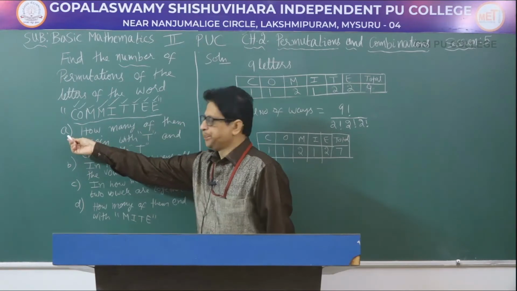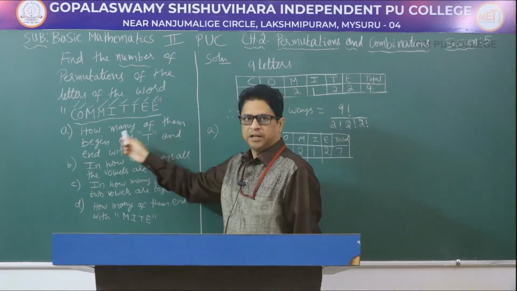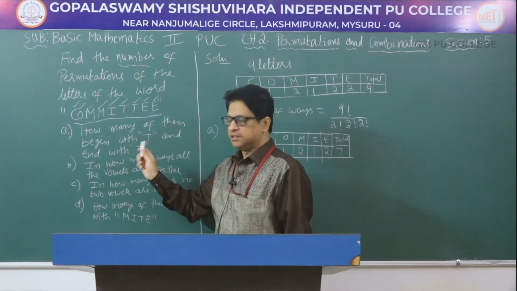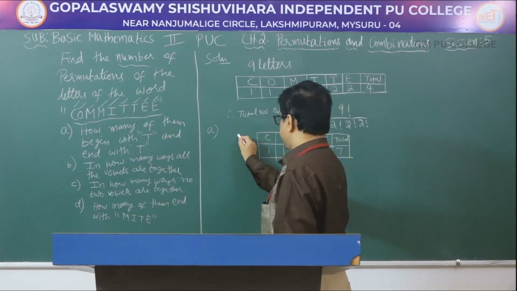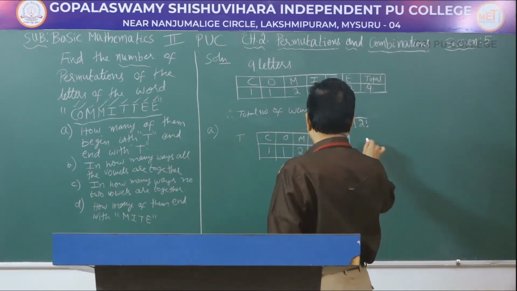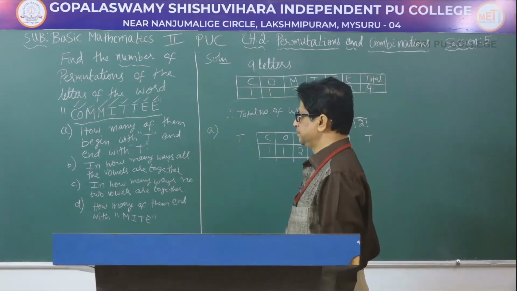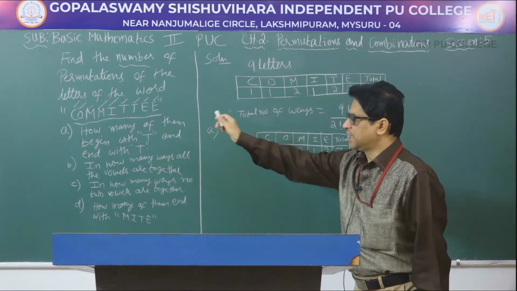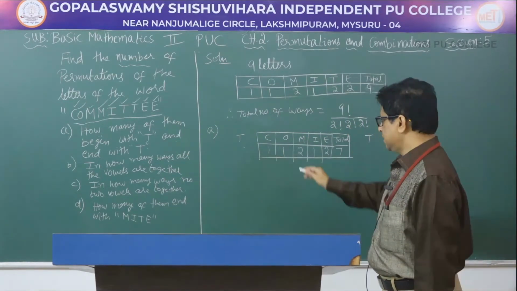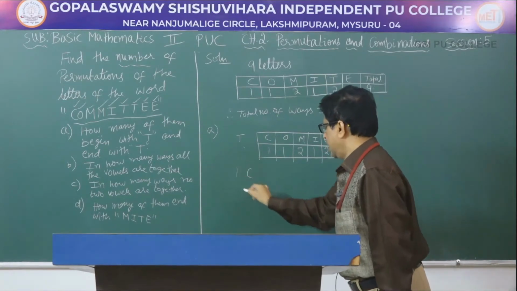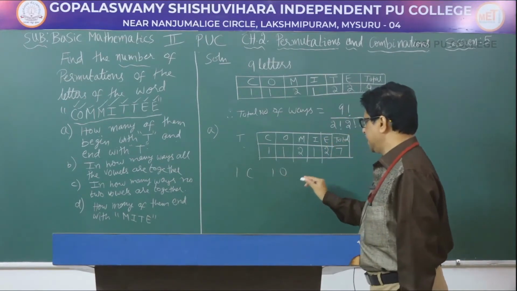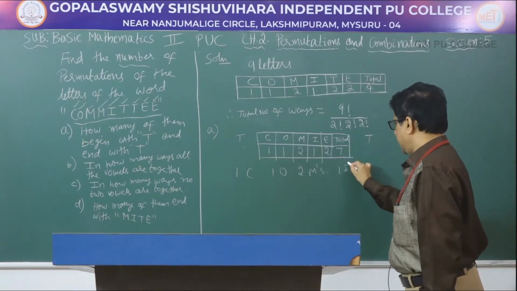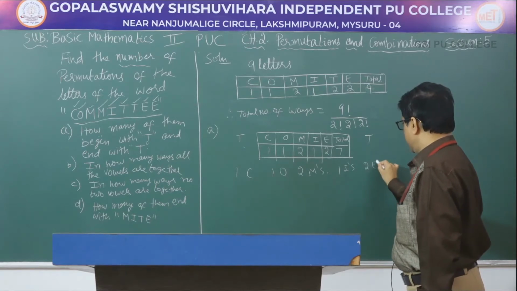Next, A, that is how many of them begin with T and end with T. That means the word should start with T and end with T. So, if we exclude 2 T's in the word committee, the remaining letters are one C, one O, 2 M's, 1 I and 2 E's.